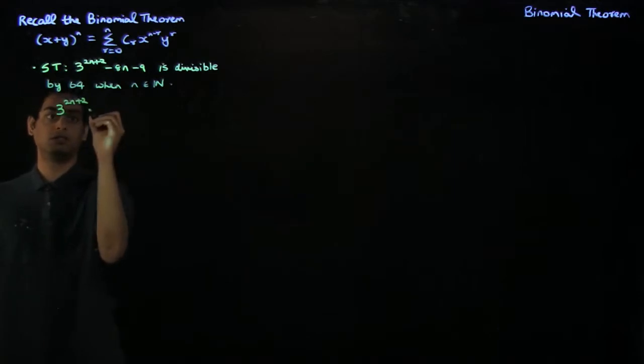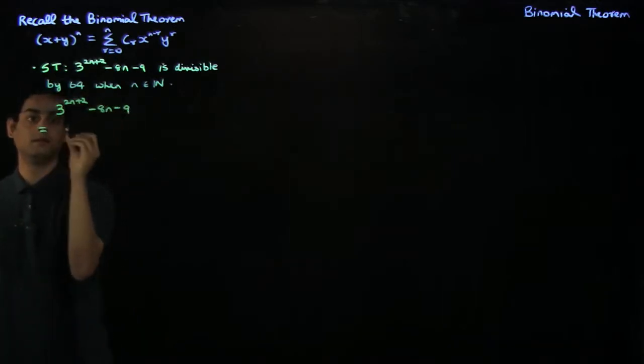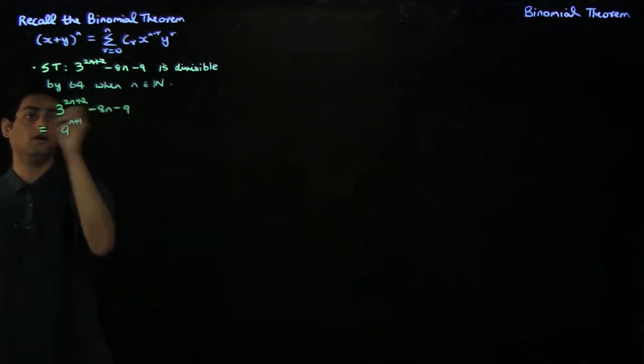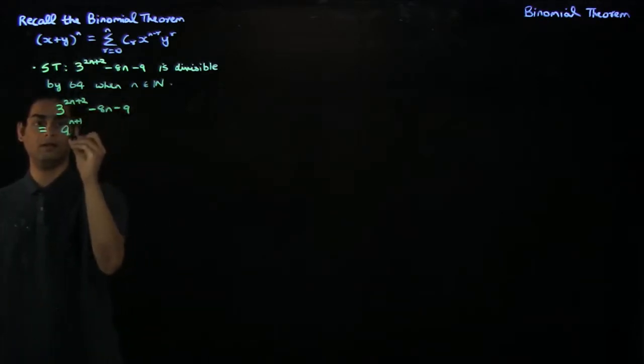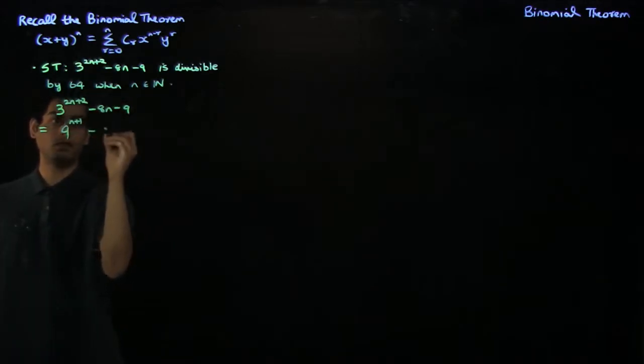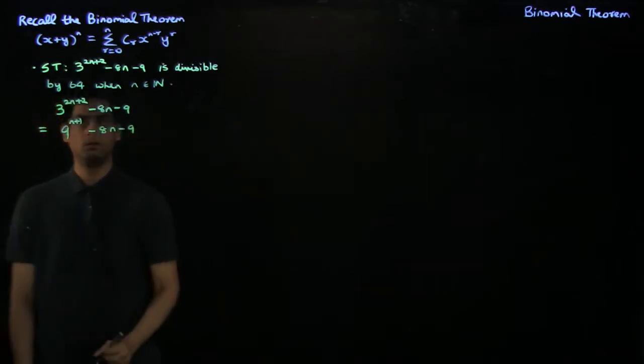So 3^(2n+2) − 8n − 9 can be written as 9^(n+1), where I've just taken a power of 2 into 3 and written 3 squared as 9, and you still have minus 8n minus 9.